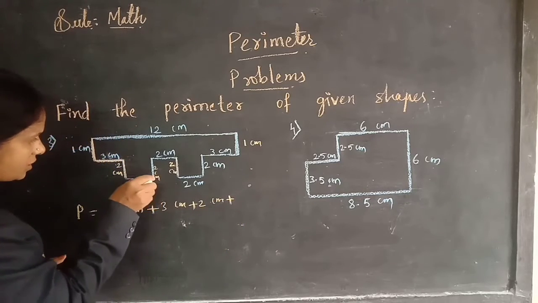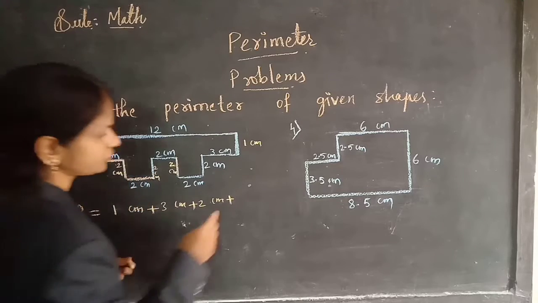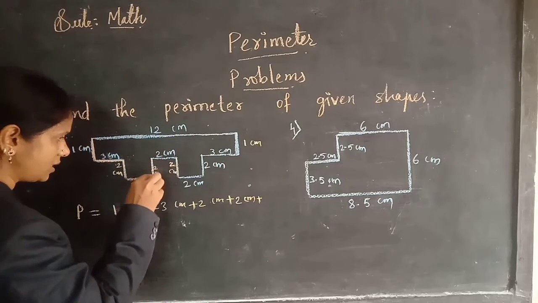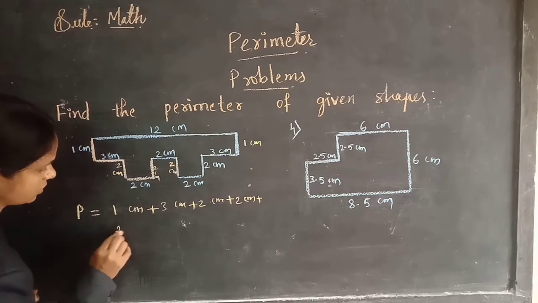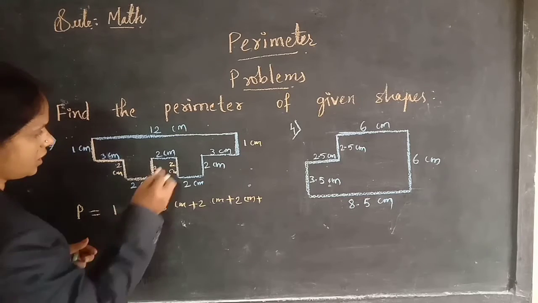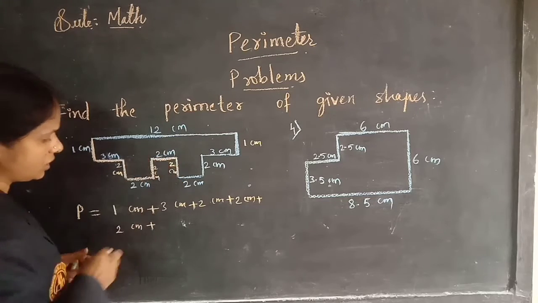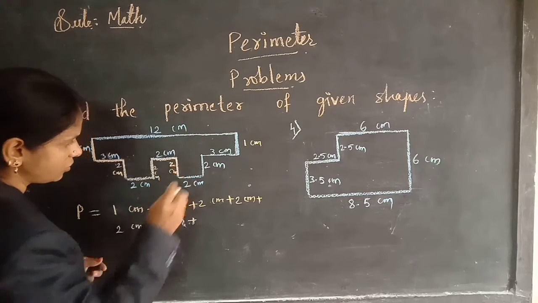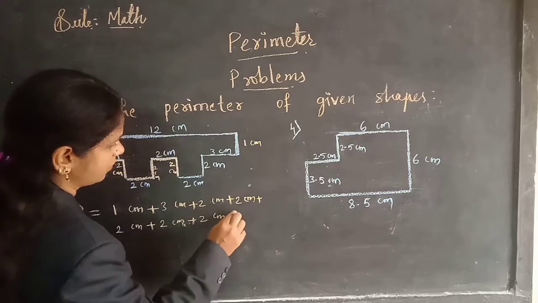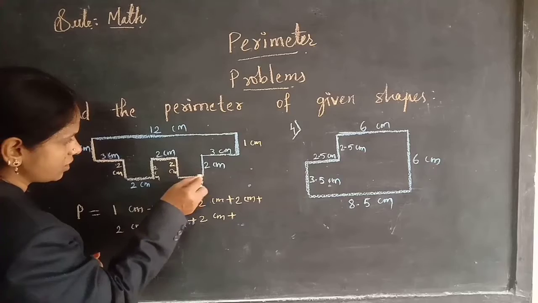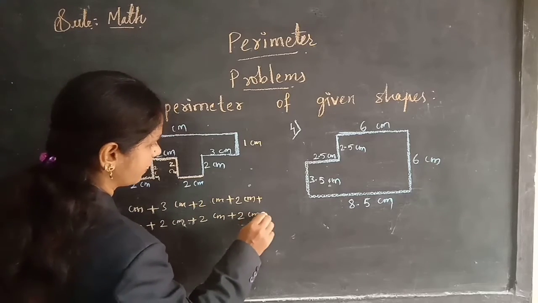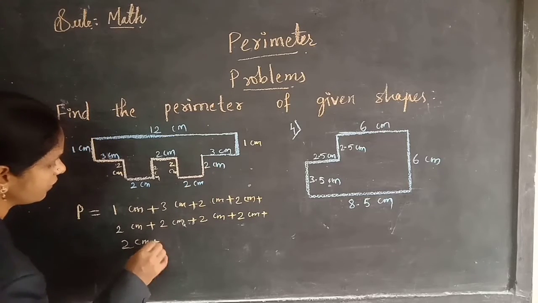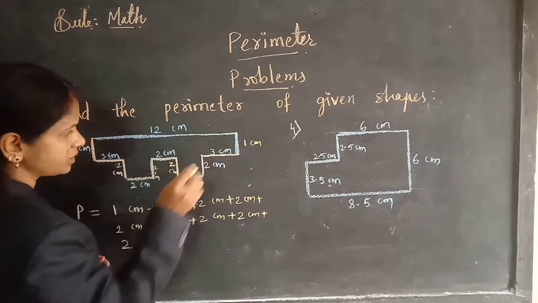And this side I'm taking here, this also is 2 centimeters, children. So 2 centimeters plus, and this side length is 2 centimeters plus, and this side length is 2 centimeters plus, and now I am taking this side length here, 2 centimeters plus, and this side length I am taking as 2 centimeters, given here, and this side length 3 centimeters has been given, children.